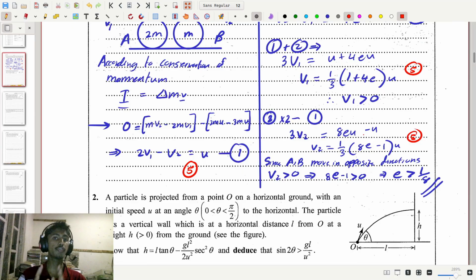After that, the final 5 marks are awarded for saying, since A and B move in opposite directions, both v1 and v2 must be positive. We already showed that v1 is positive, and therefore v2 must also be positive, and according to that, if v2 is positive, 8e minus 1 must be positive, and therefore finally we can say e must be greater than 1 over 8. For this, you get a final 5 marks.